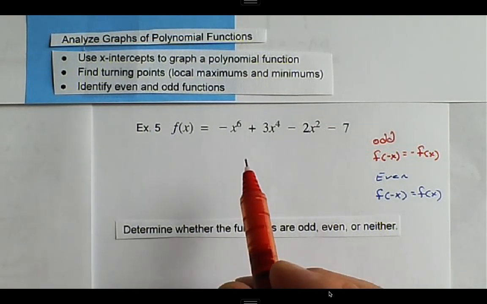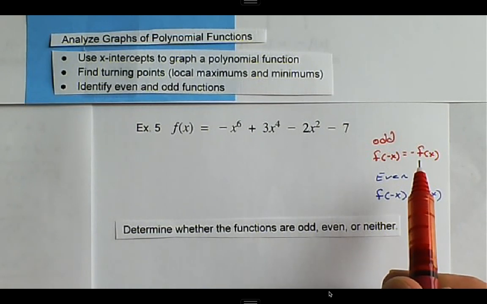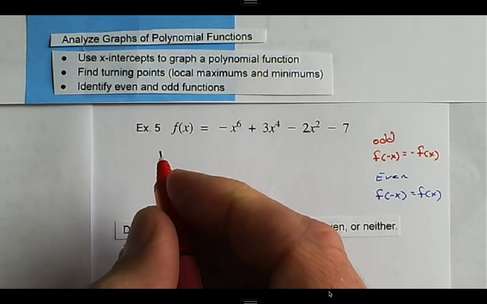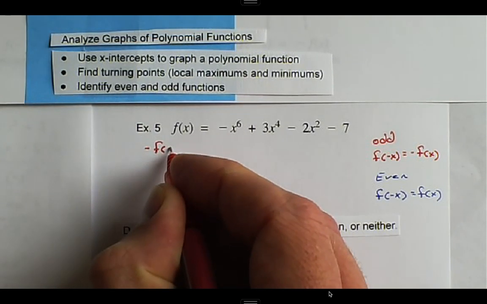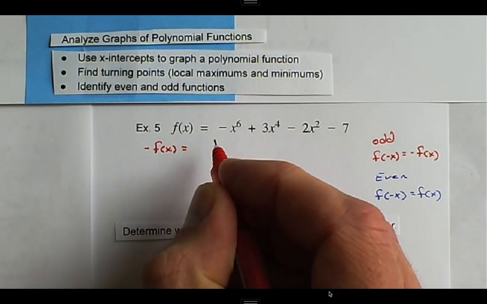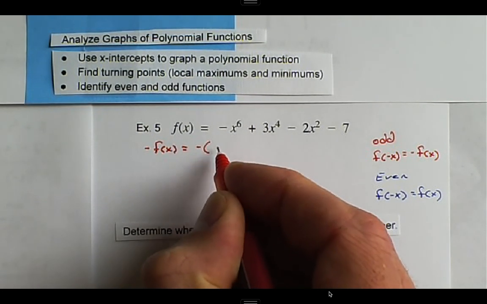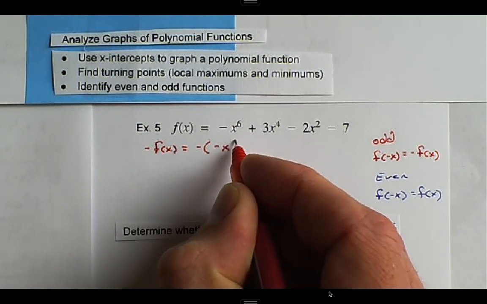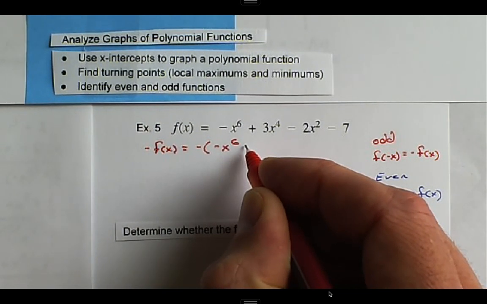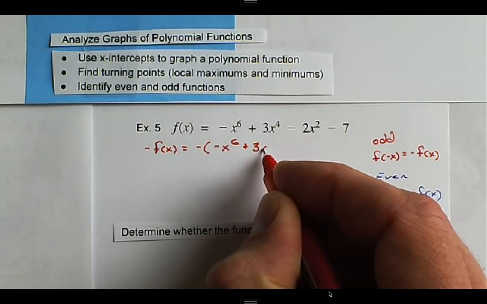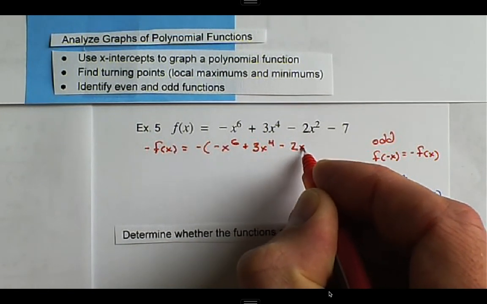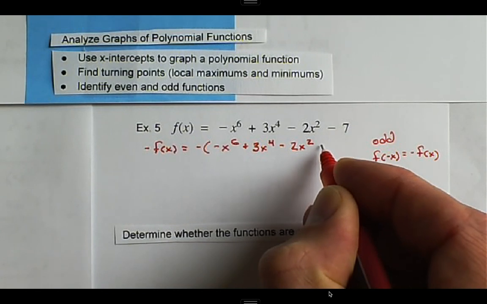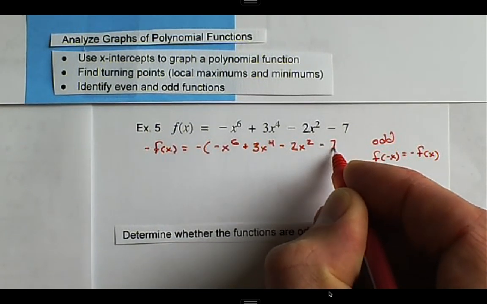The first thing we want to check is to negate the entire function. So negative f of x is equal to negative times negative x to the 6th plus 3x to the 4th minus 2x squared minus 7.